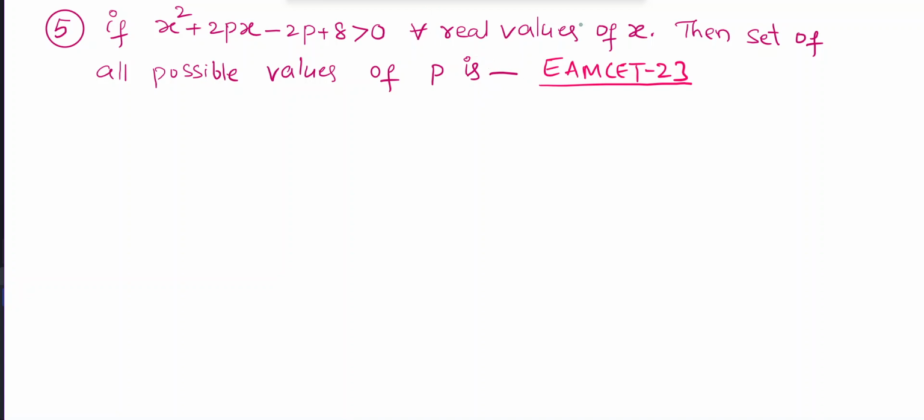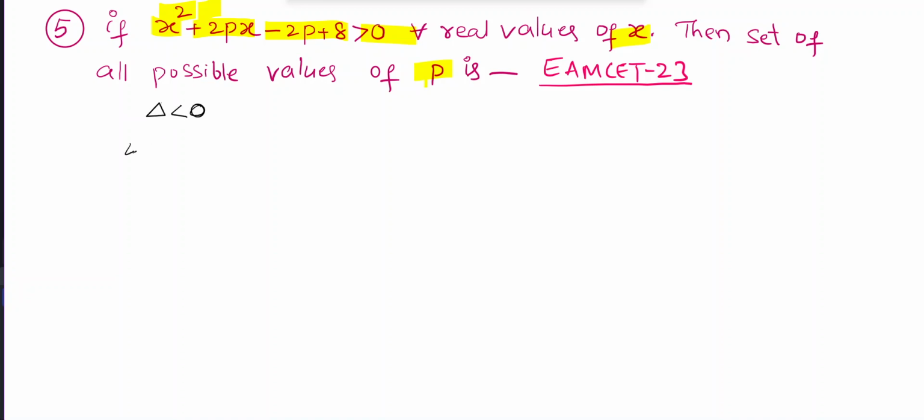This is the fifth question from quadratic equations. Here is given x square plus 2px minus 2p plus 8 greater than 0 for all real values of x. The set of possible values of p is dash. This is an EAPCET 23 question. Here it is given this expression is positive. That means this expression has imaginary roots, so delta is less than 0.